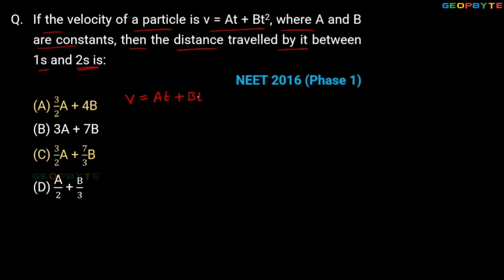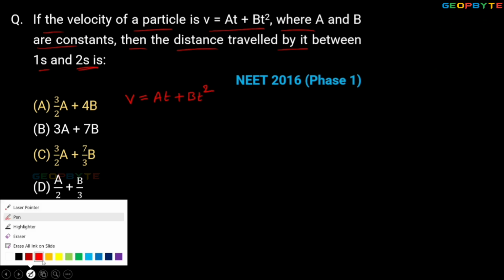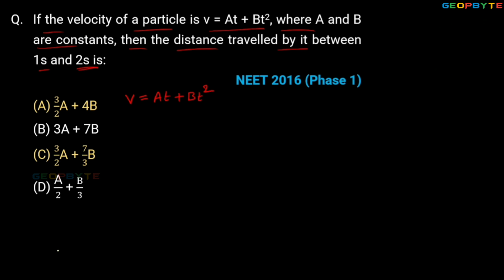From this I can say that velocity depends on time, where a and b are constants. Now you are asked to determine the distance traveled by the particle for the time period t1 equal to 1 second to t2 equal to 2 seconds. That is the question.